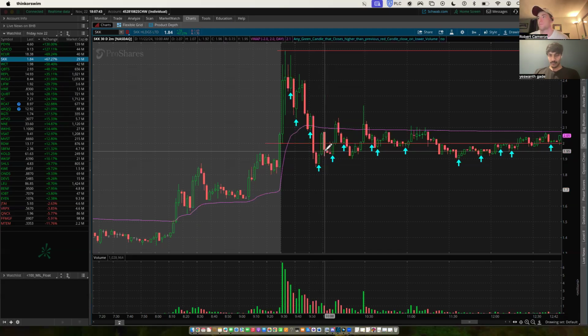From there, I'm trying to risk as little as possible if that's an option. If it's not there, just go on to the next one. But you can see at this candle and in these areas right here, we're able to risk low of day, which is about 3 to almost 4%.